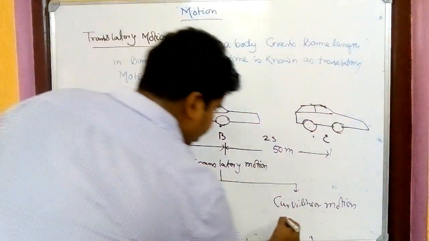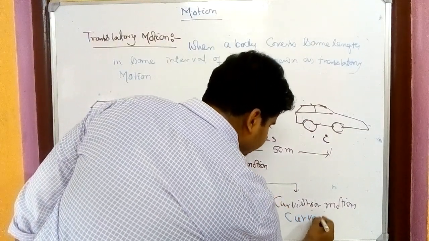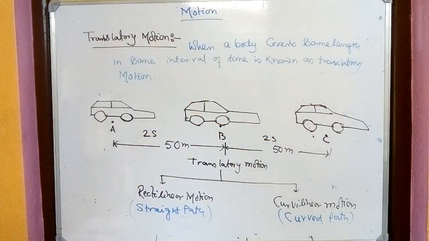Curvilinear motion, when the translatory motion occurs in curved path, that type of motion is known as curvilinear motion. Okay, so two types of motion, it is very easy. When a body moves in a straight path, that type of translatory motion is known as rectilinear motion, and when a body moves in a curved path, that type of translatory motion is known as curvilinear motion.